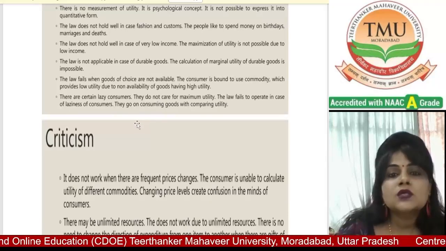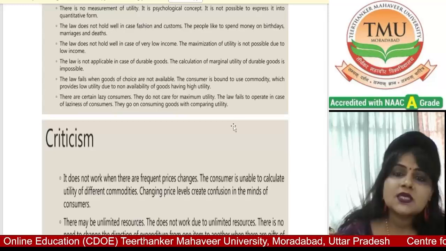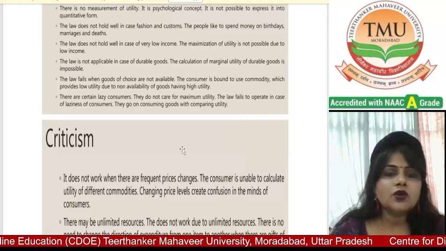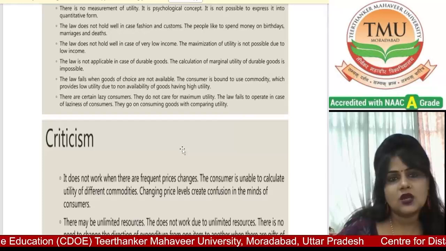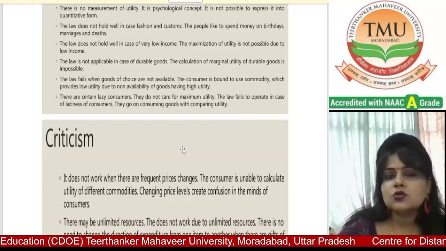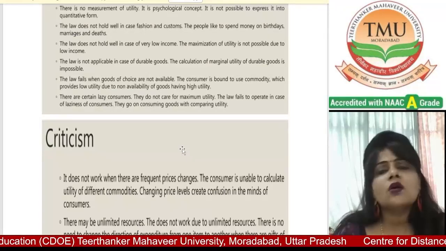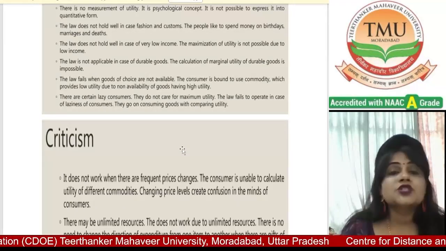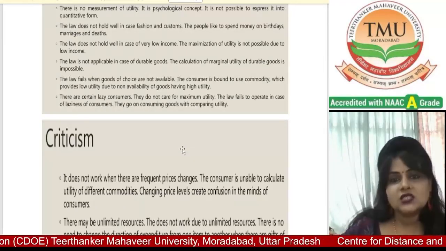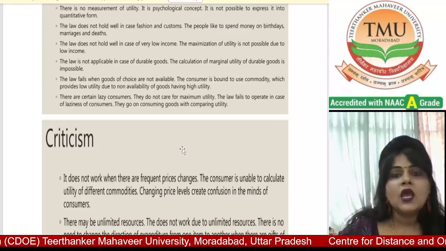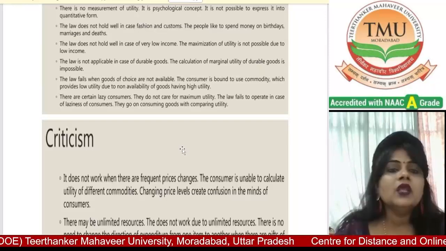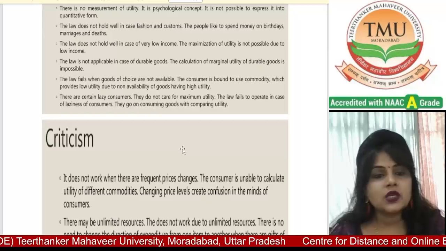They go on consuming goods without comparing utility. Utility is a psychological feeling, and many consumers are lazy; without knowledge about the things, they only purchase them. He spends his money and does not compare the utility of things. They only want to consume it.